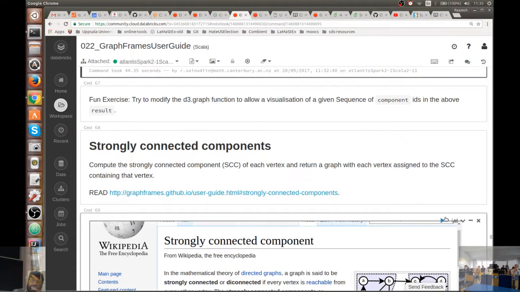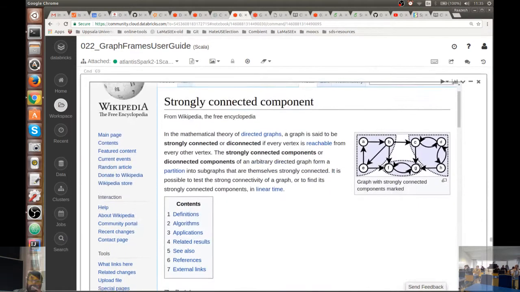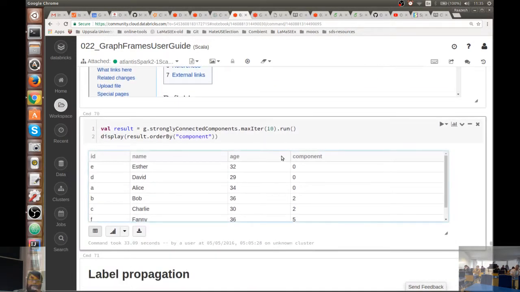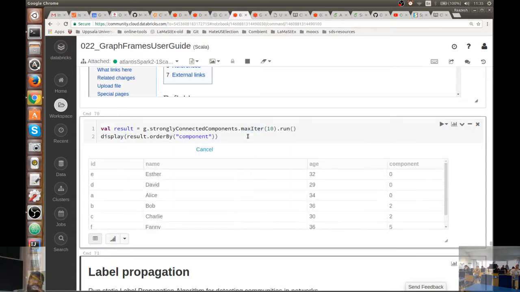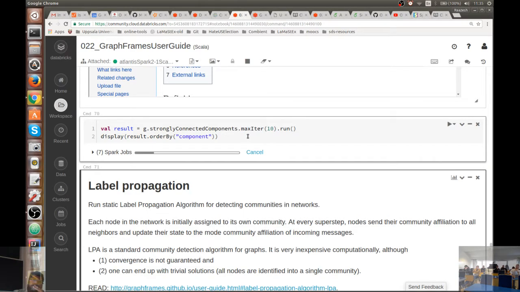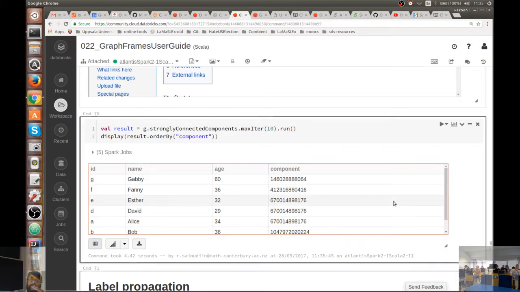Okay, so now I have to specify the number of iterations I want to run this, and I can get my strongly connected components enumerated as well with the component ID. Okay.